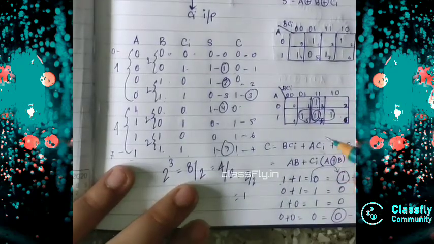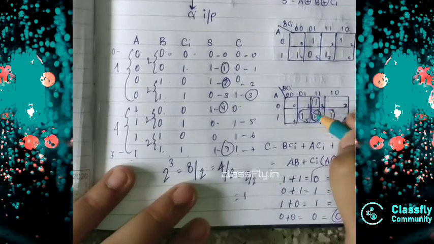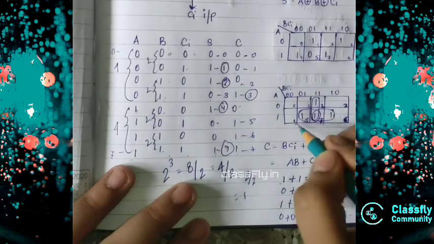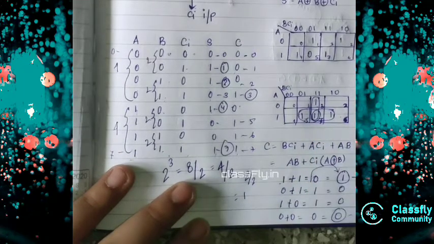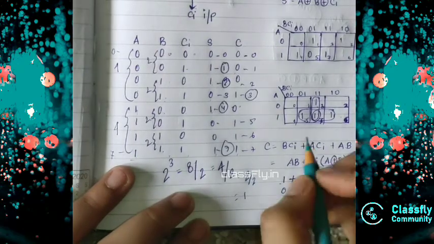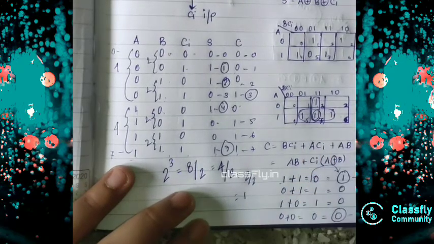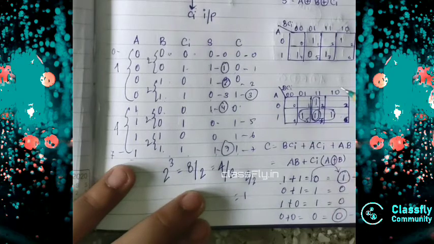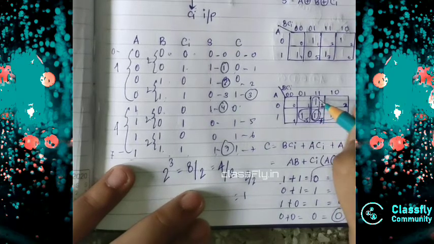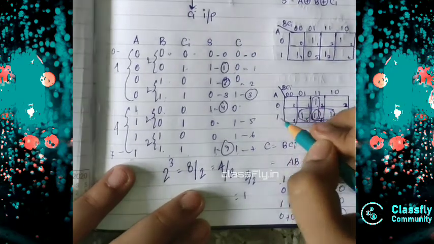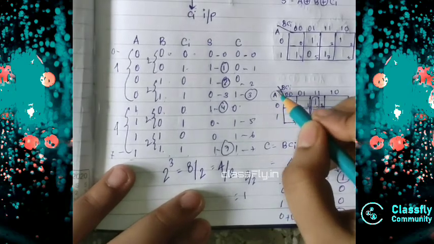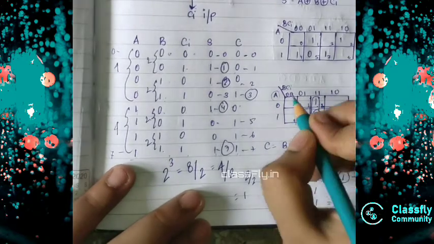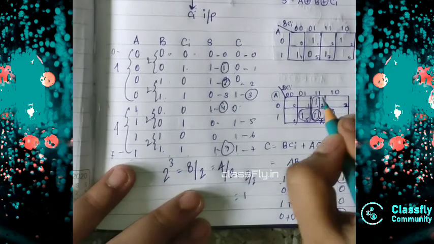Now here, as I can group it, I will group it like this, like this, like this and like this. So when I solve this, how will I get it? See, if I take this one, here as 0 and 1 is changing, so I can't write for A, but I can write for B Ci as there is no change in the bits.